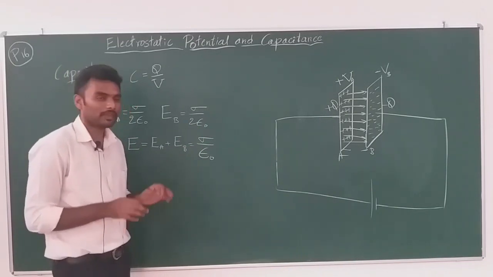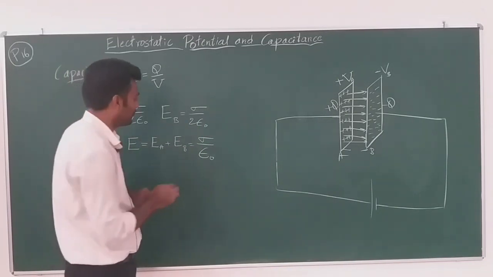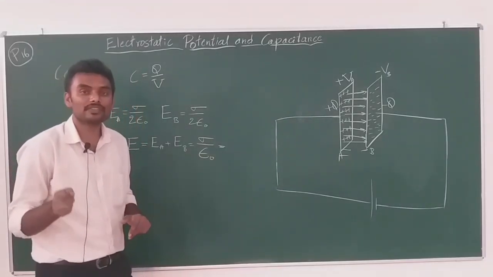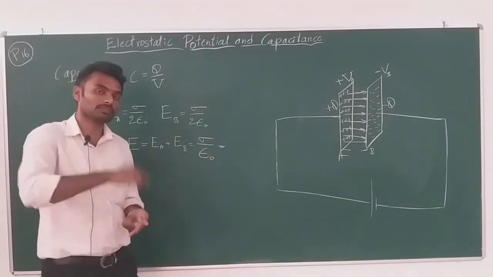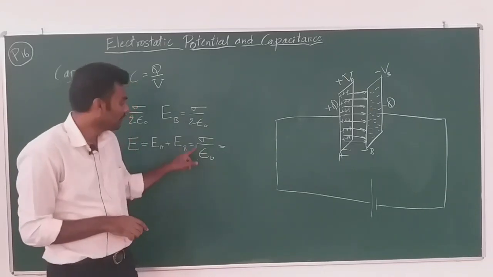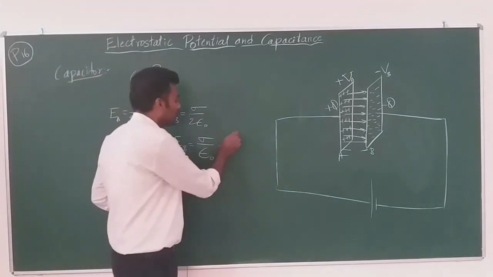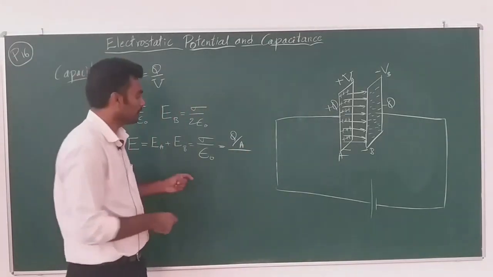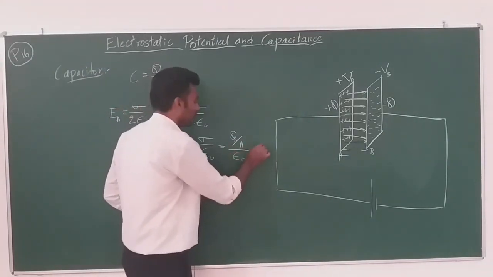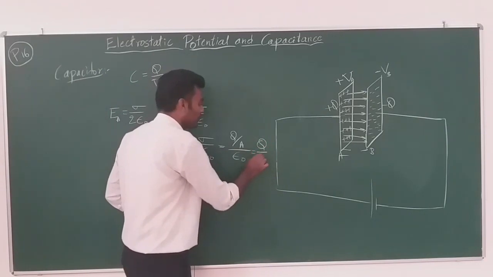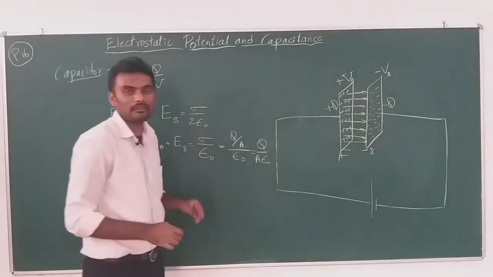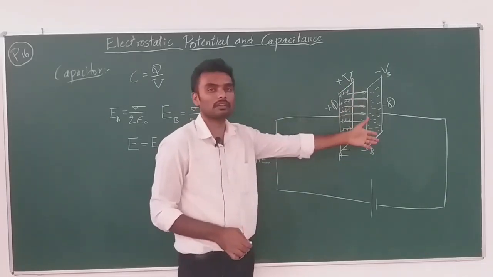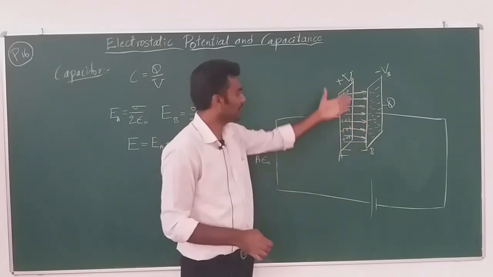So why do we need them? Wait. So what is sigma actually? Sigma is surface charge density. You should go through the first chapter once, and you'll get to know. The expression for sigma is Q by A, and epsilon naught stays there. So this expression for electric field becomes Q by A epsilon naught, where A is the area of either of the plates. So A is the area of the plate.